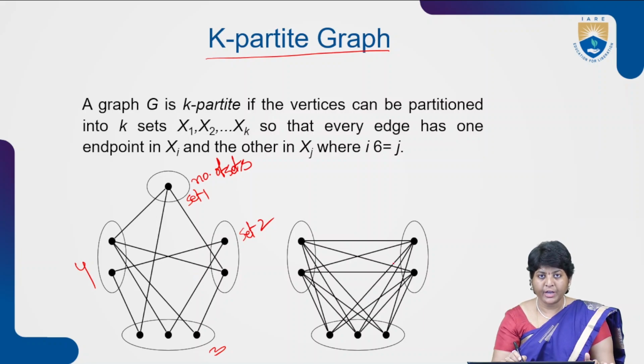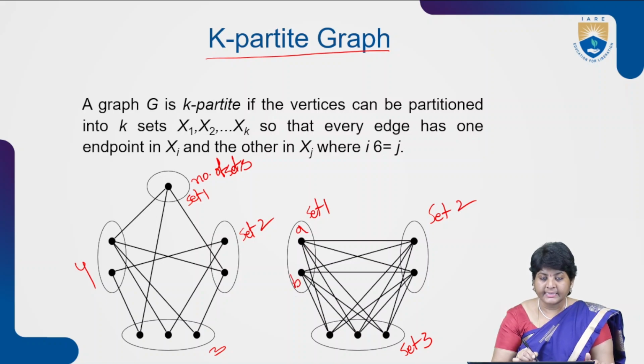And here, if you observe, this is set 1, this is set 2, and this is set 3. Here, a set 1 vertex is connected to all vertices of set 2. And at the same time, that set 1 vertex is connected to all vertices of set 3 also.